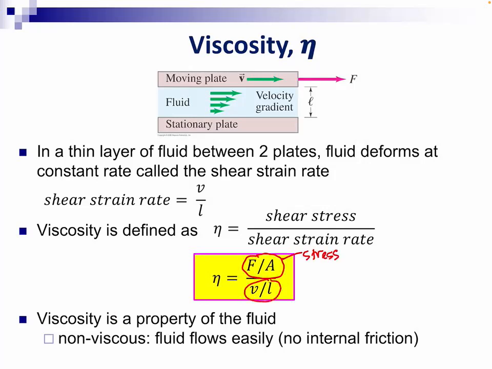And strain rate is velocity over the length L. If you rearrange this equation, by multiplying both sides with V over L, you'll see that force over area is equal to viscosity times V over L. So what this tells you is, the higher the viscosity eta, you need to exert more force in order for the fluid to flow with a certain velocity V.